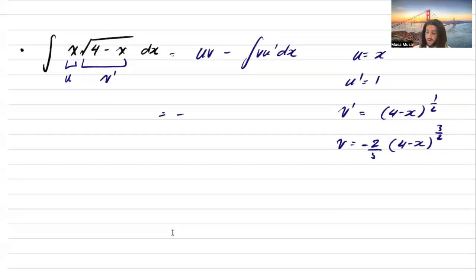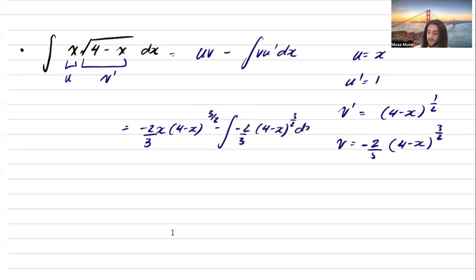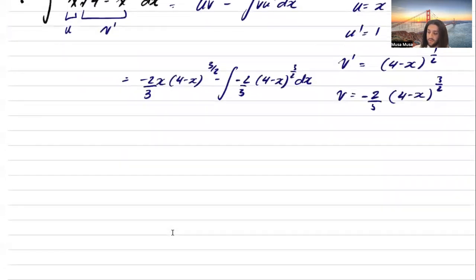u times v, so minus 2 over 3 x, 4 minus x to the power of 3 on 2, minus, put that there, and then the integral of v u dash, so minus 2 over 3, 4 minus x to the power of 3 over 2 dx. Of course, we can take out that minus 2 over 3, can't we? Make it a plus 2 on 3. And then integrating this, we add 1 to the power.